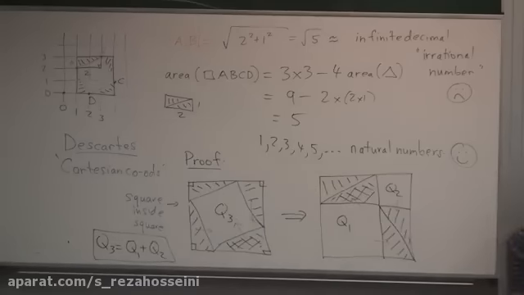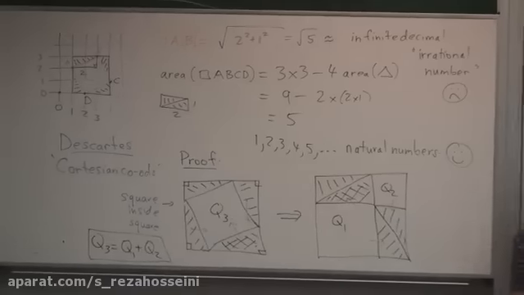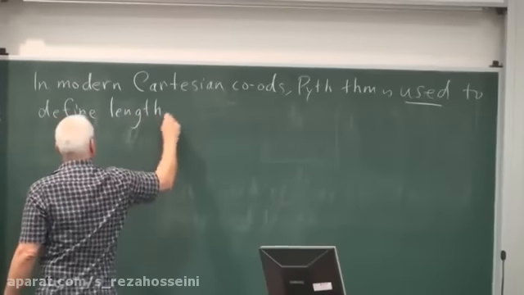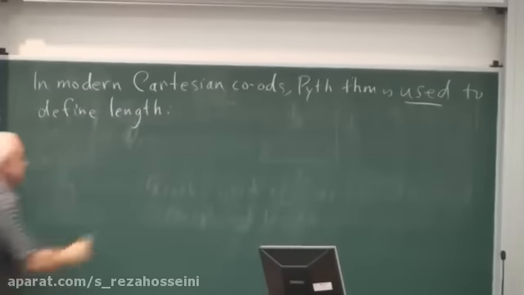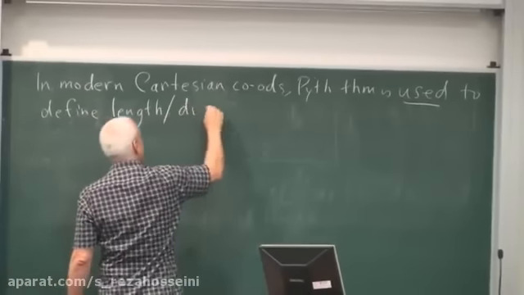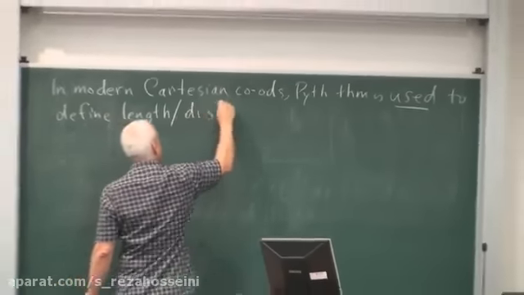So in modern Cartesian coordinates, Pythagoras' theorem is used to define length. Or distance, same thing. And how does that go?